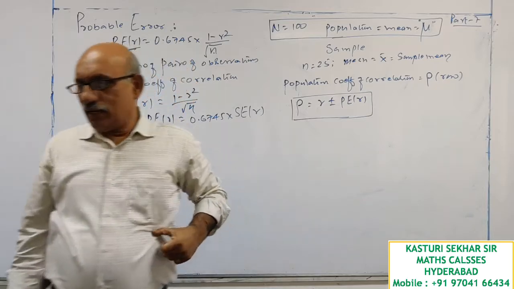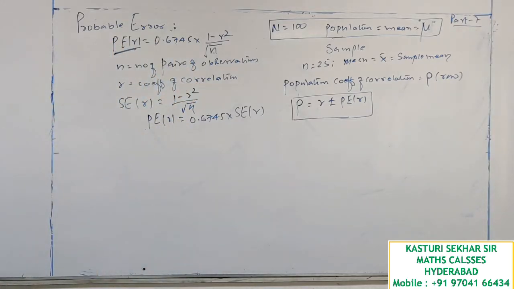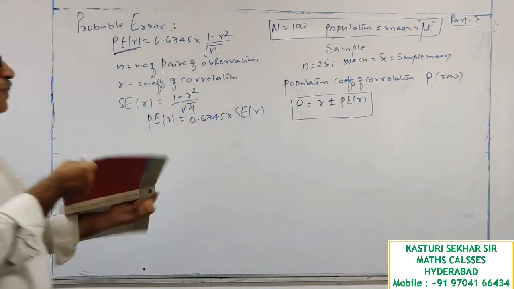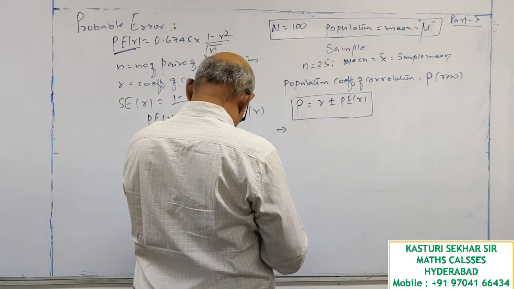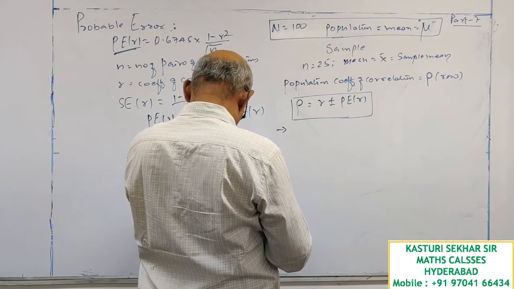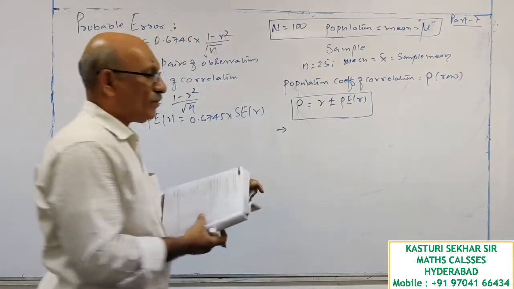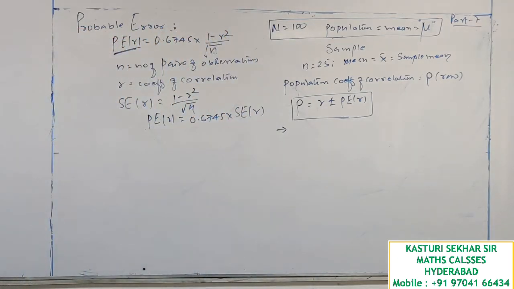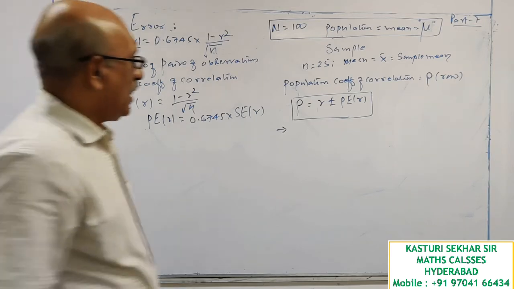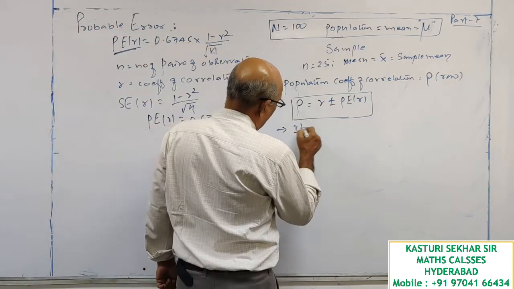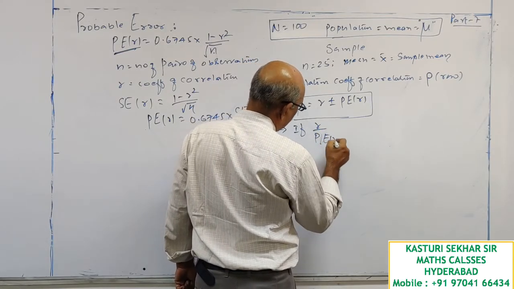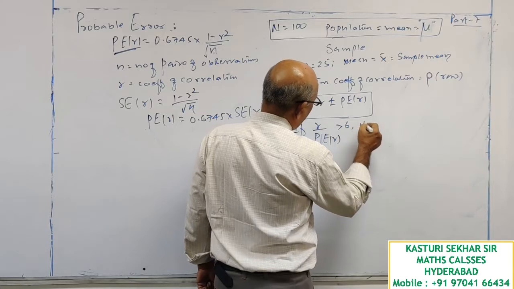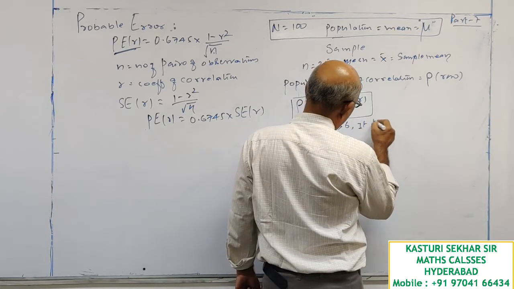One conclusion based on this which you have to remember: if r by probable error of r is greater than 6, it is significant.